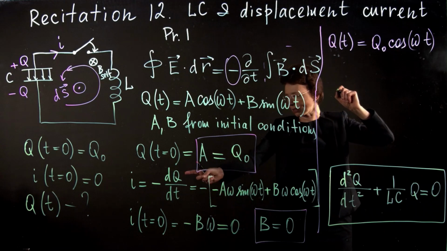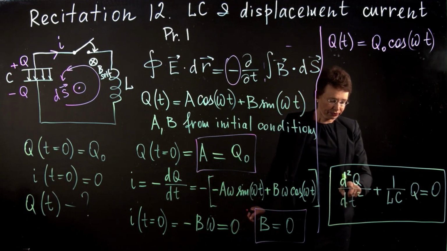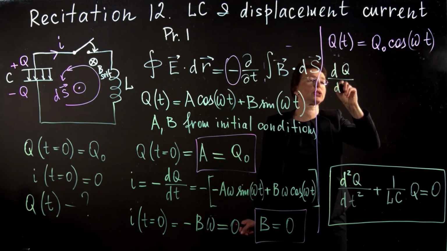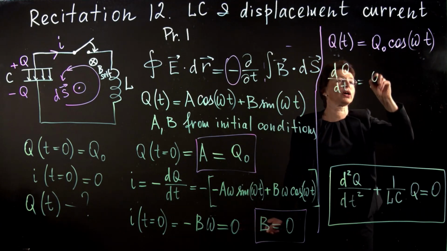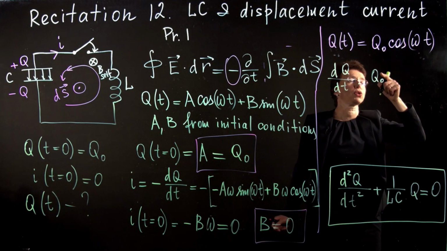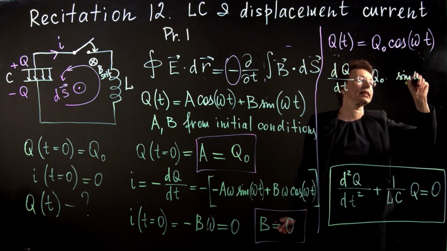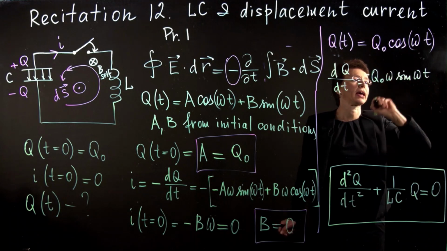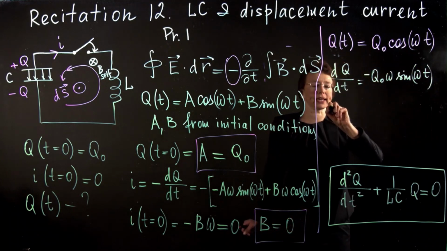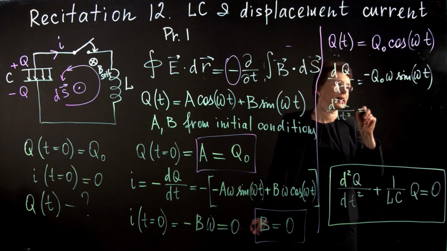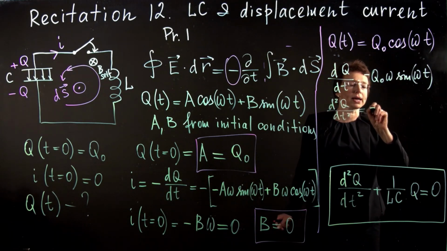Let's do it again. dq/dt. What is dq/dt? It is Q naught, derivative of cosine is minus sine omega t, and chain rule gives me omega. Now the second derivative, d²q/dt², is equal to minus Q naught.